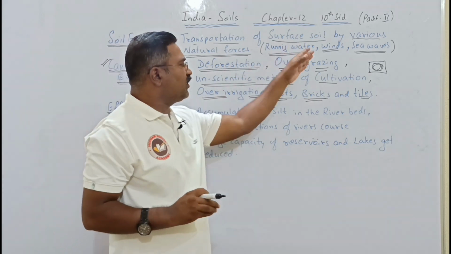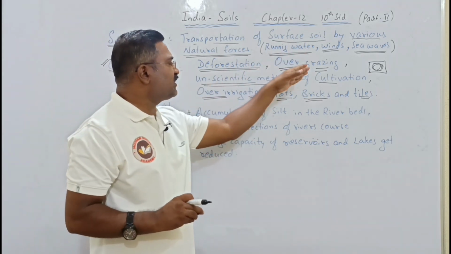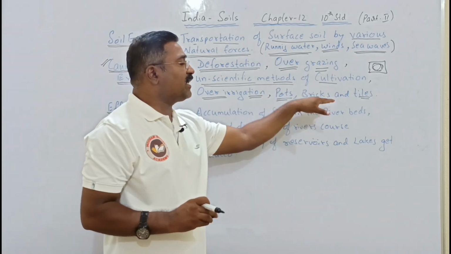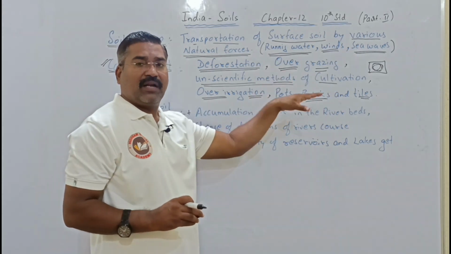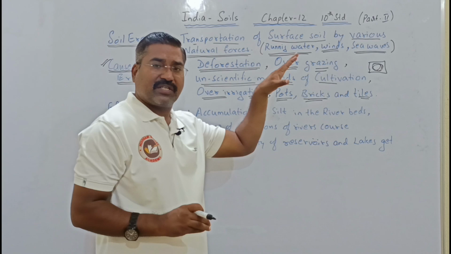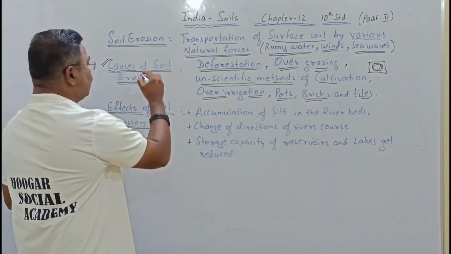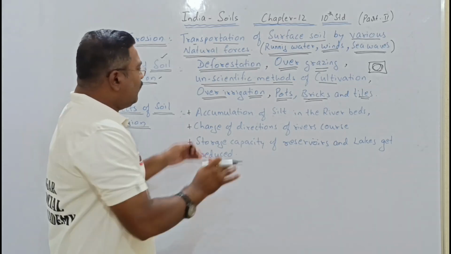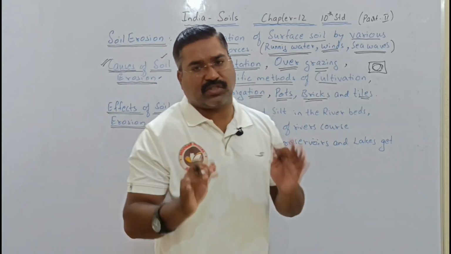So deforestation, overgrazing, unscientific methods of cultivation, over irrigation, and making pots, bricks and tiles are all causes of soil erosion. But soil erosion can be stopped.